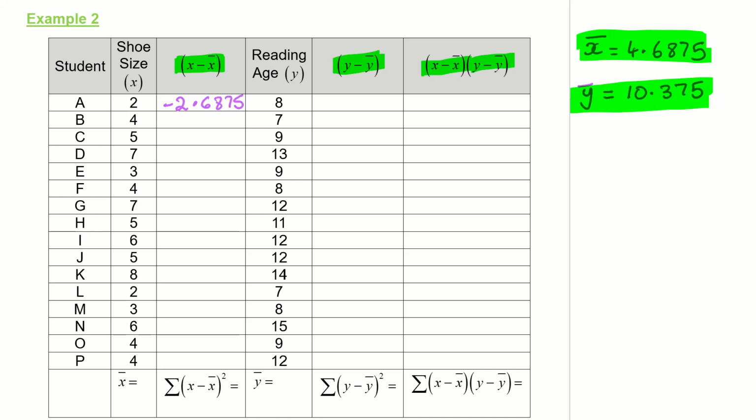And then the next one is 4 take away 4.6875, giving us negative 0.6875. We're going to do the same thing for the y's. So my first one there is going to be 8 take away 10.375, which gives me negative 2.375.